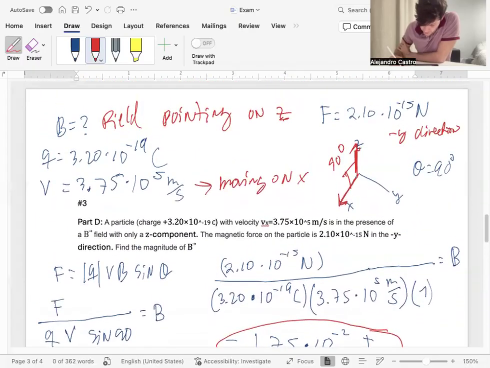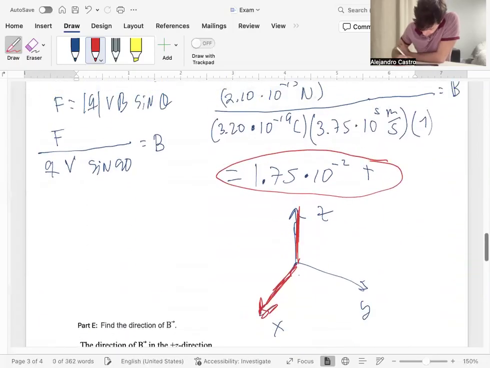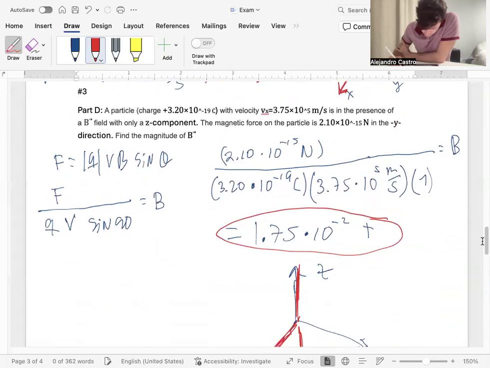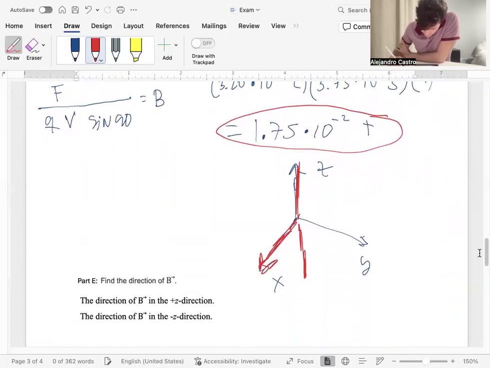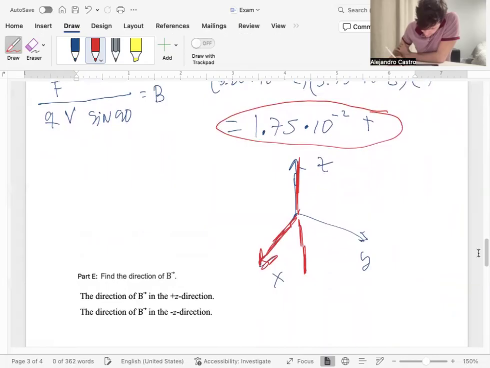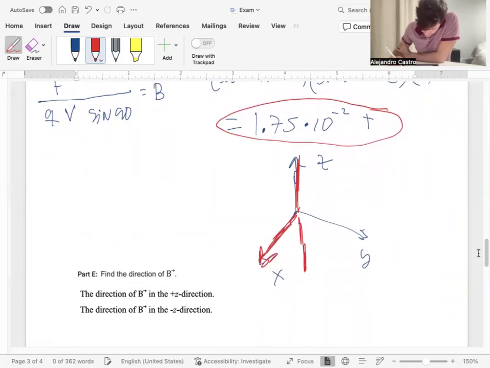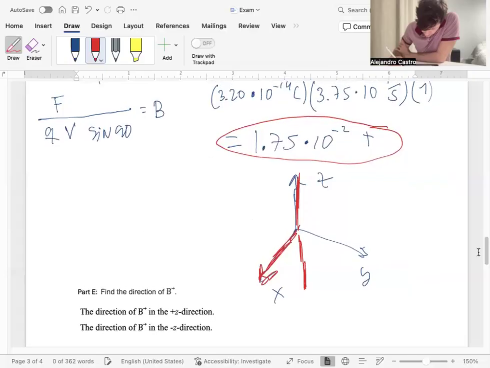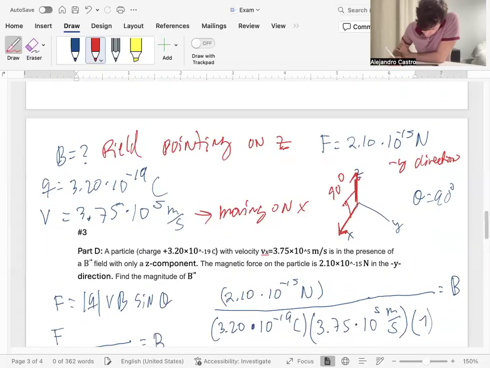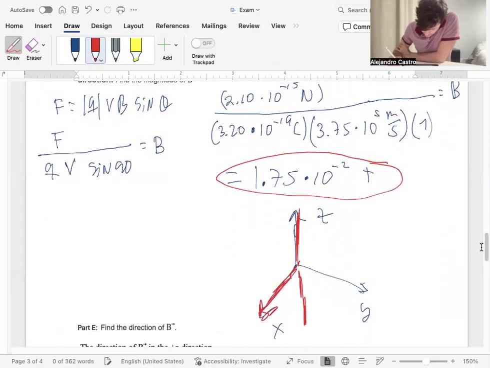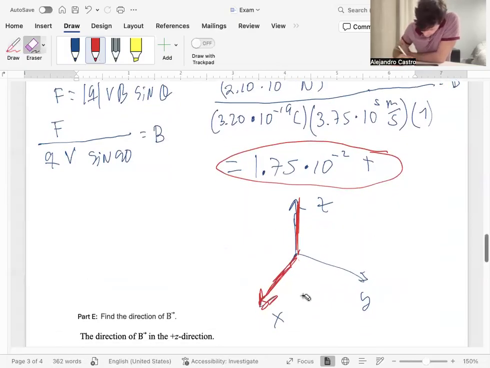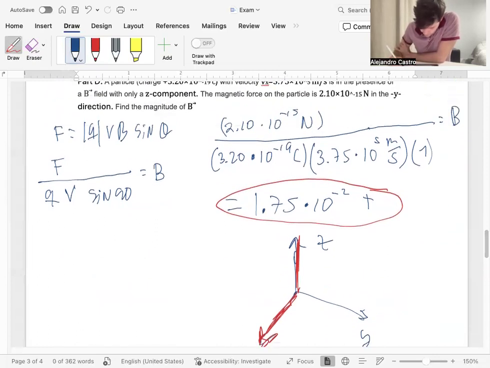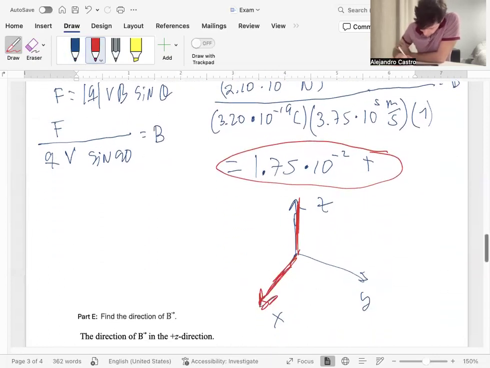It's moving on S, and the field is pointing on C. And we need to find the direction of V. Okay, the force has to be perpendicular. The force has to be perpendicular.